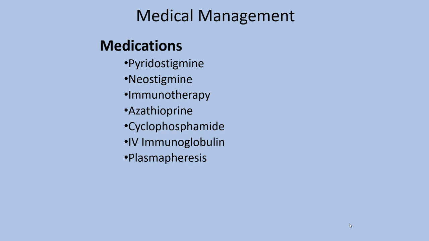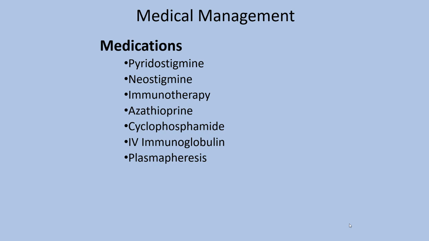So it has obvious side effects: weight gain, hypertension, diabetes, osteoporosis, psychosis. But also, because it's a corticosteroid, we have to be very aware of infection because it's suppressing their general immune function.